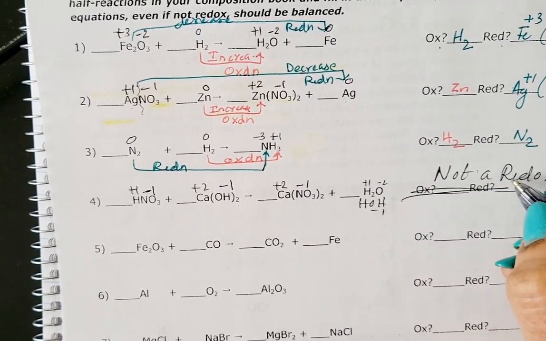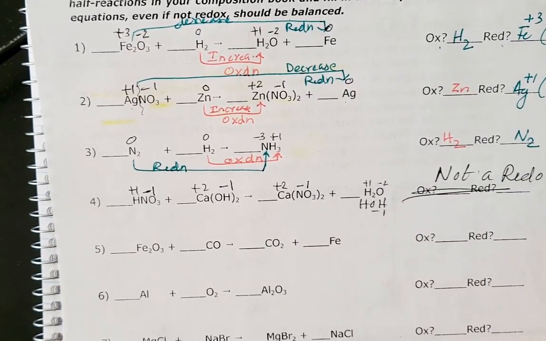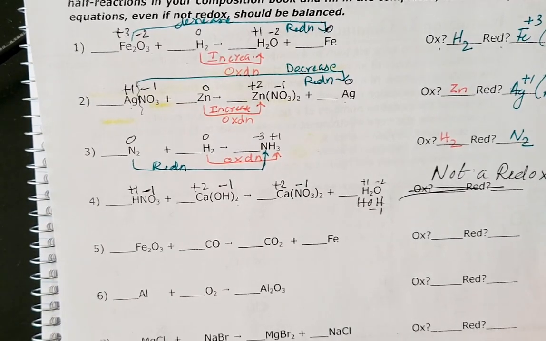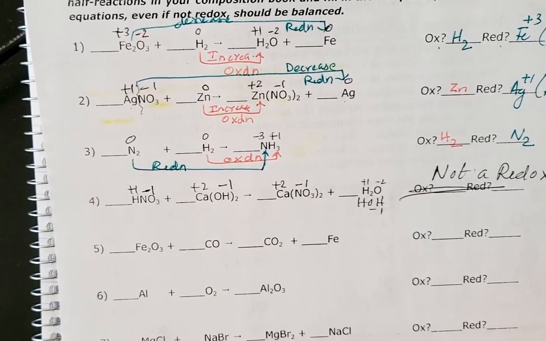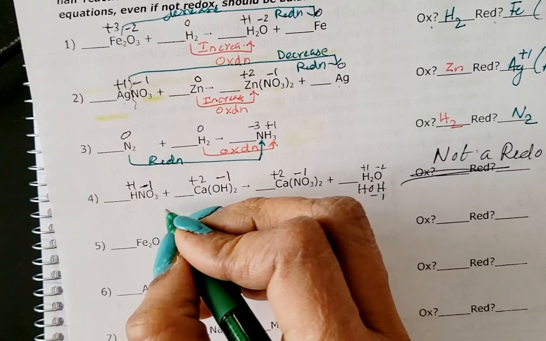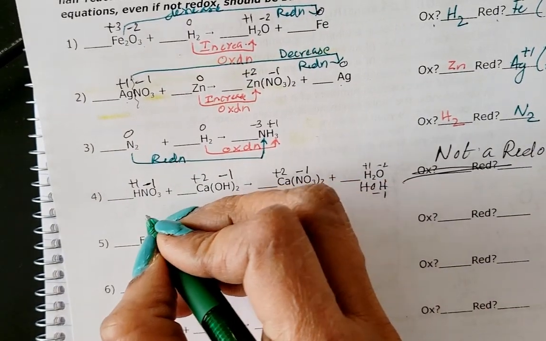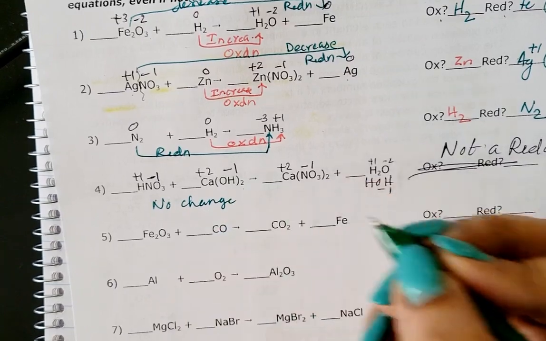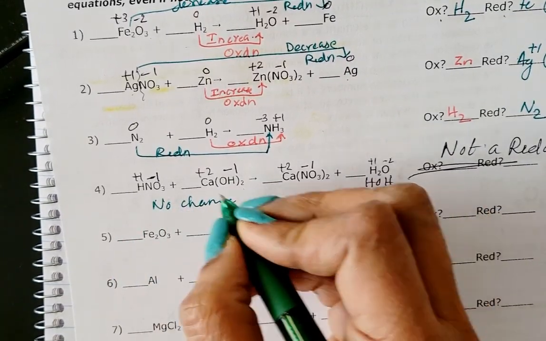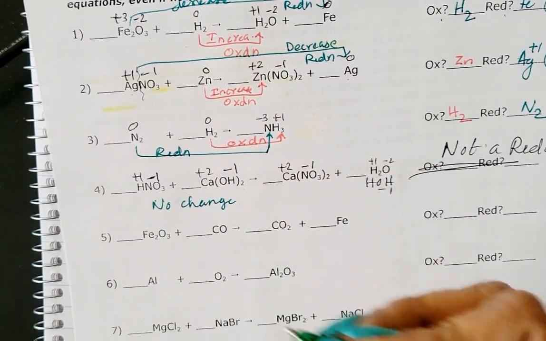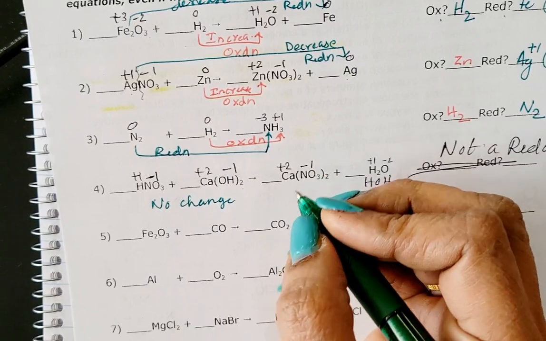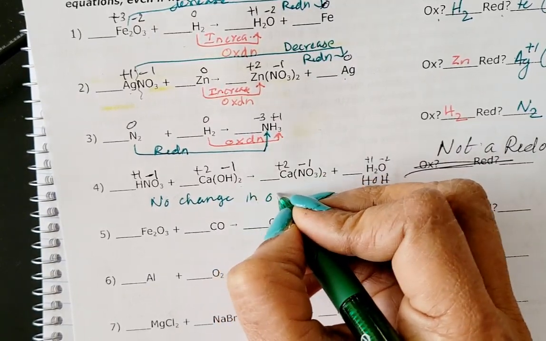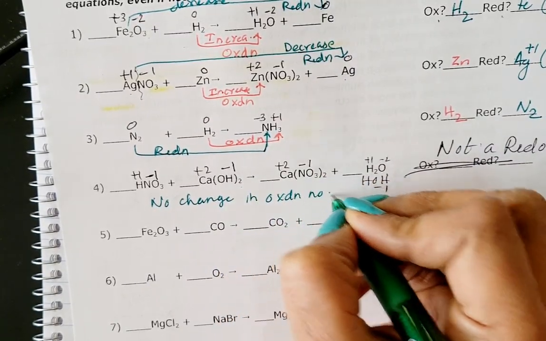There is no reduction and oxidation happening. Reason? No change in oxidation number. All these equations are not balanced. Okay, I'm not balancing it. Yes, no change in oxidation number.